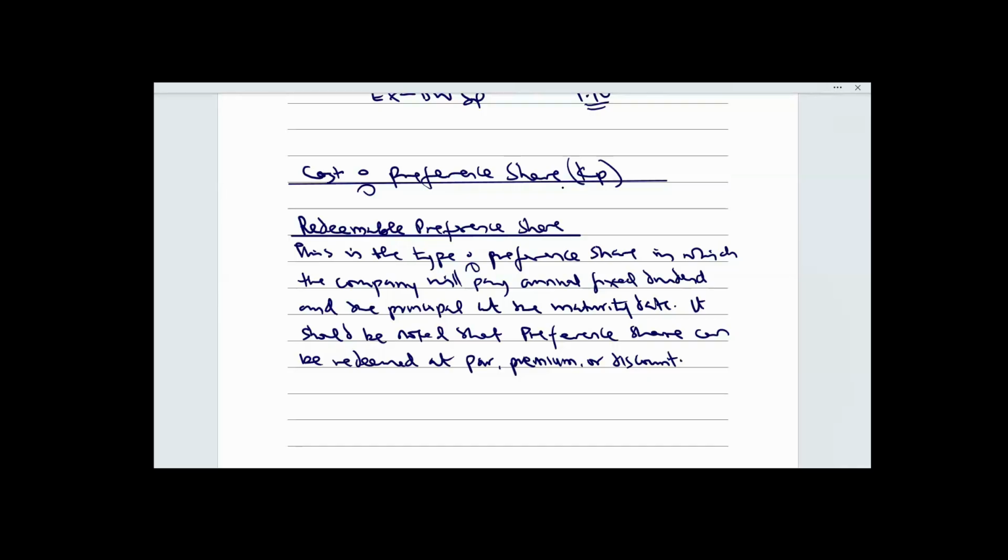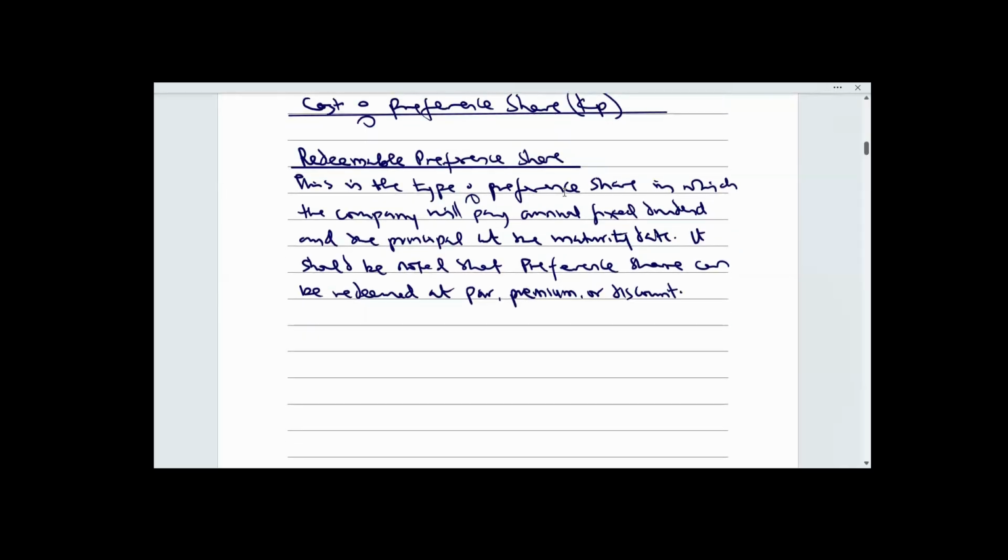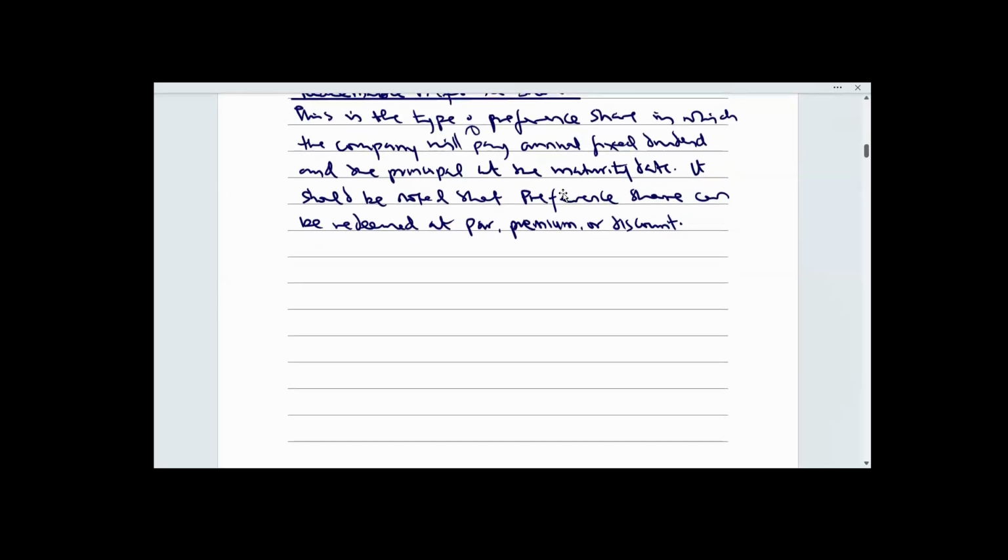All right. Then, how do you estimate cost of redeemable preference share?